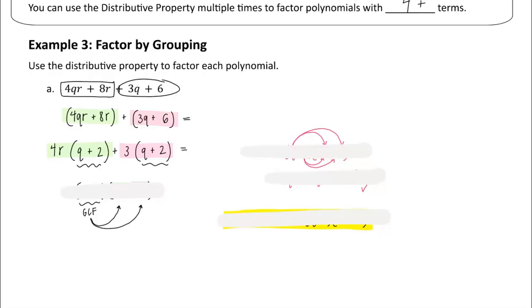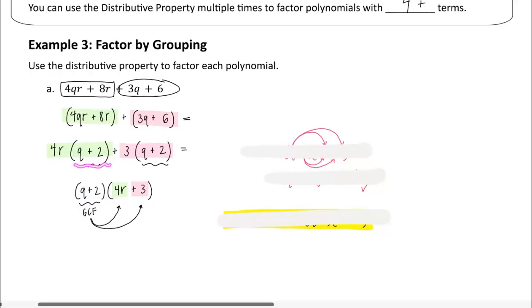Since these 2 groups have a common factor of Q plus 2, Q plus 2 is multiplied in the green group by 4R, Q plus 2 is multiplied in the pink group by 3. Whenever 2 things have a common factor, you can factor it out. So we're going to treat the Q plus 2 as the common factor. We'll take that out. Q plus 2 comes out to the front.